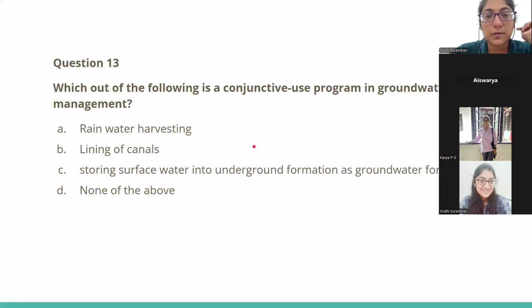Next question, which out of the following is a conjunctive use program in groundwater resource management?